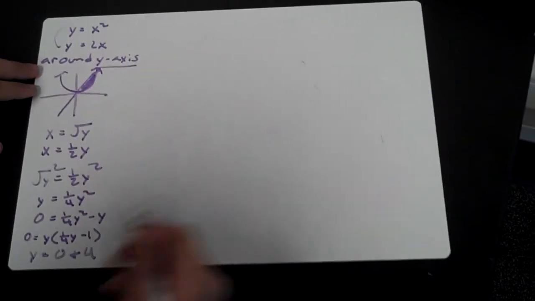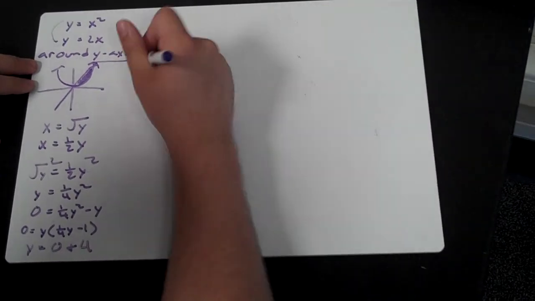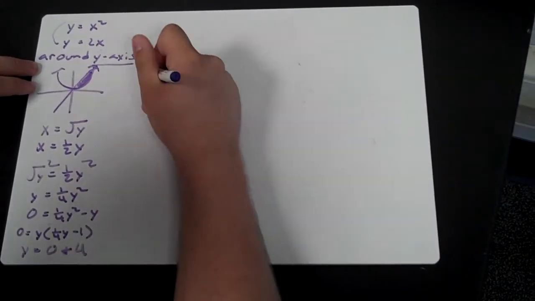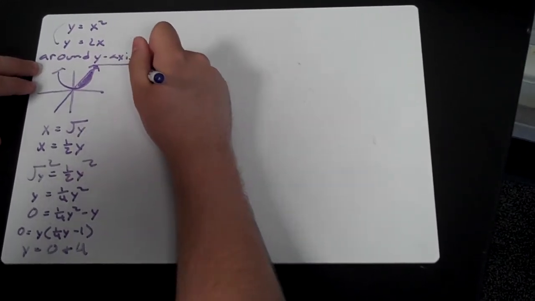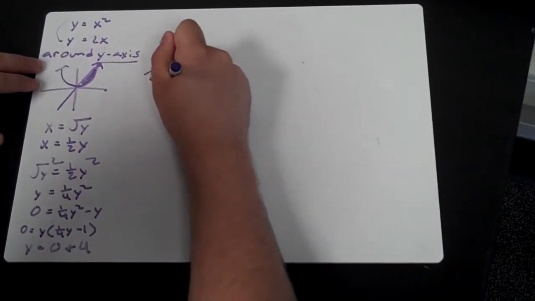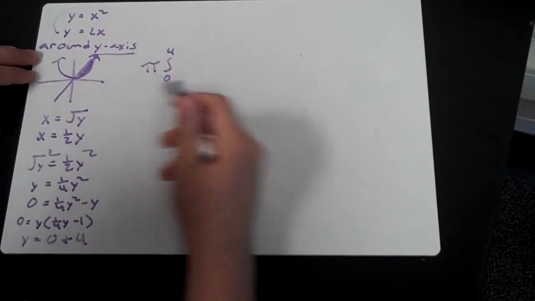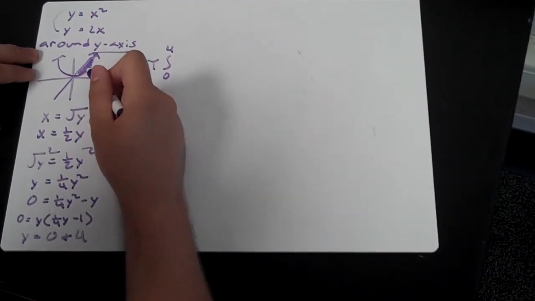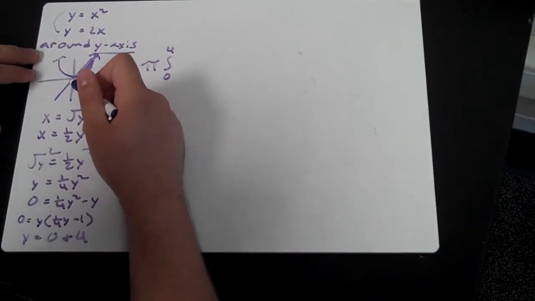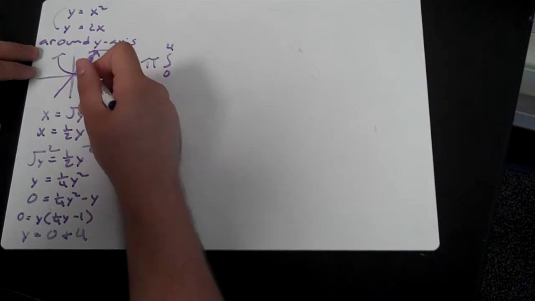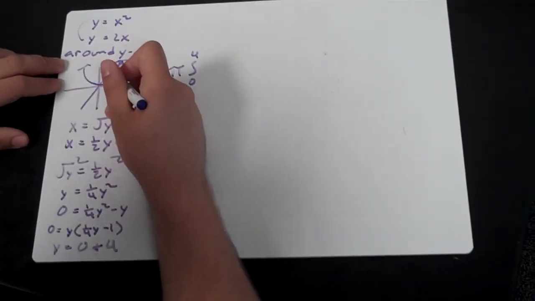What do we do using them? We're going to use them in setting up our integral between these 2 points. So it's going to become pi times the integral between 0 and 4 of our right equation, which is going to be our root y, minus our left equation, and these are squared by the way, left equation 1/2 y.